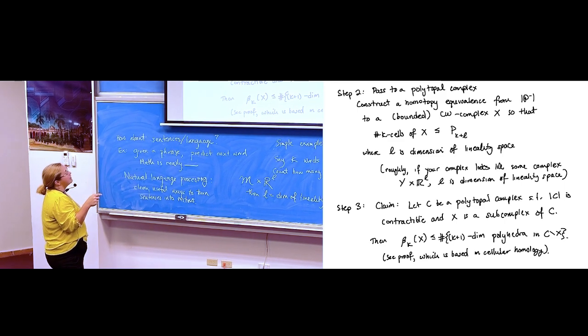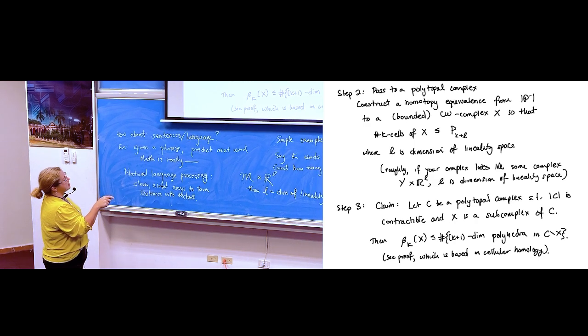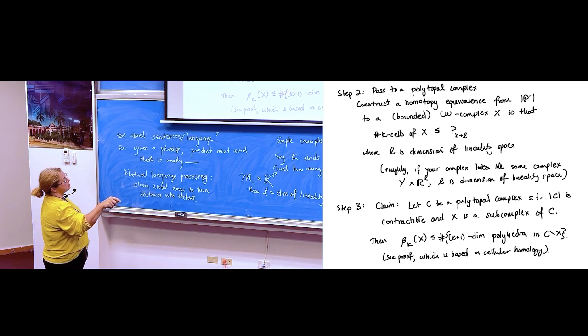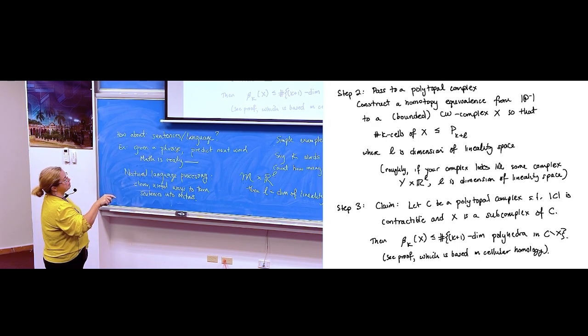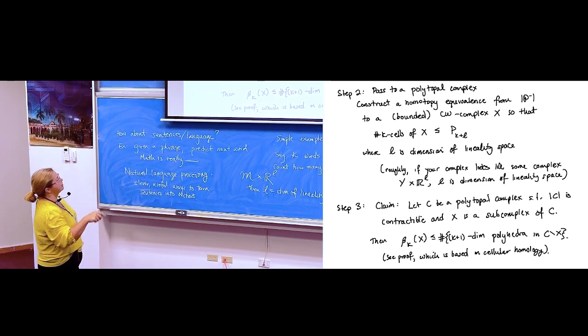Okay? And then step 3, basically assume you've done this. So you've got, let's say C is a polytopal complex so that the underlying set is contractible. And then you've got a subcomplex of X. So that's like places where the function is negative.